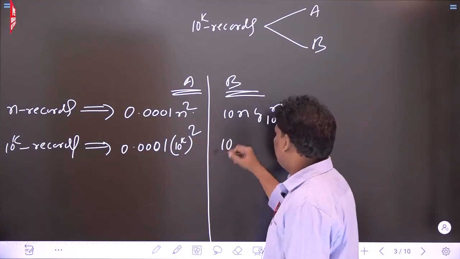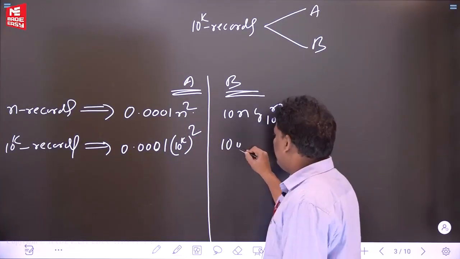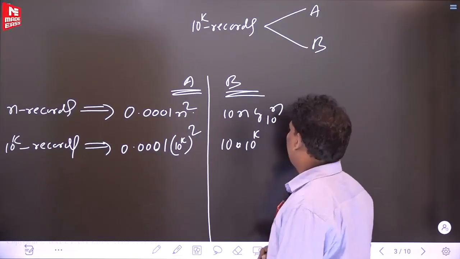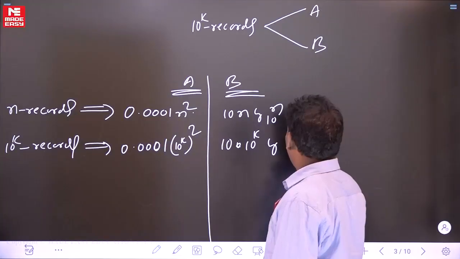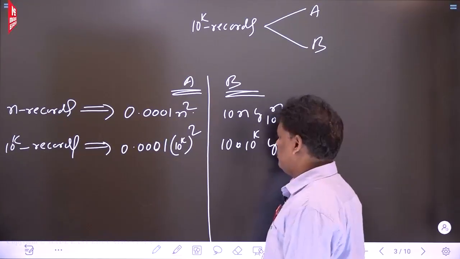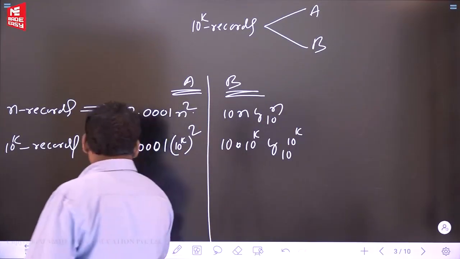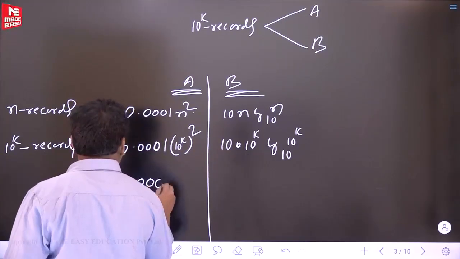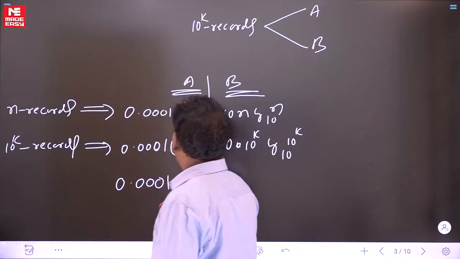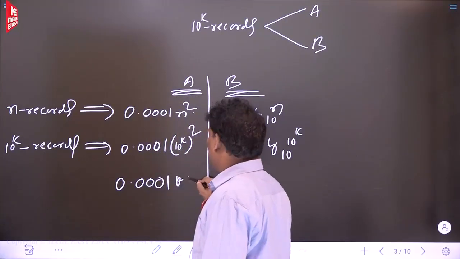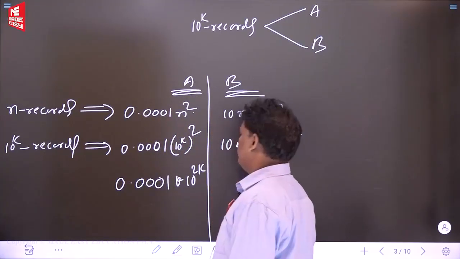Next one, 10, that is also okay, right? In the place of n, 10 power k, that is fine. This will go to log of 10 power k base 10, right? Which will go to what is the answer? 0.0001, right? Then I think 10 power k, whole power, so 10 power 2k.